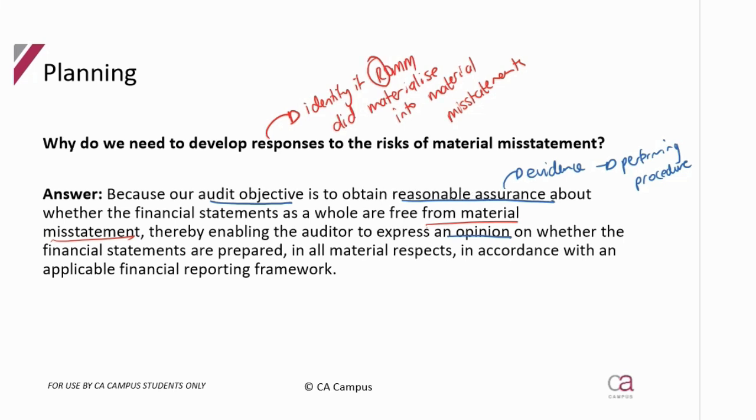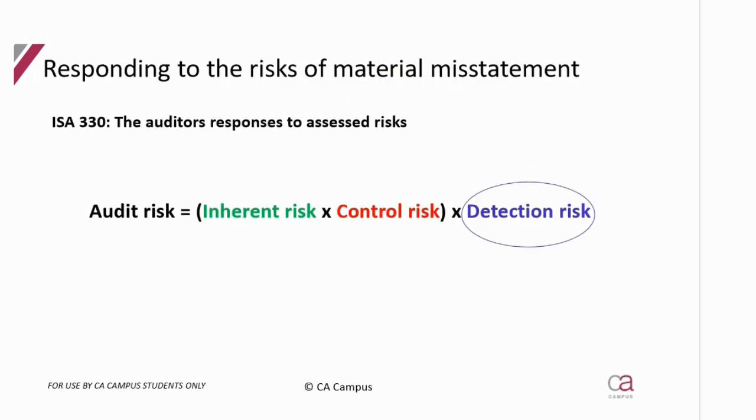So if we're looking at our objective again, let's look at the whole risks around the audit again. Audit risk is the risk that we express the incorrect opinion.